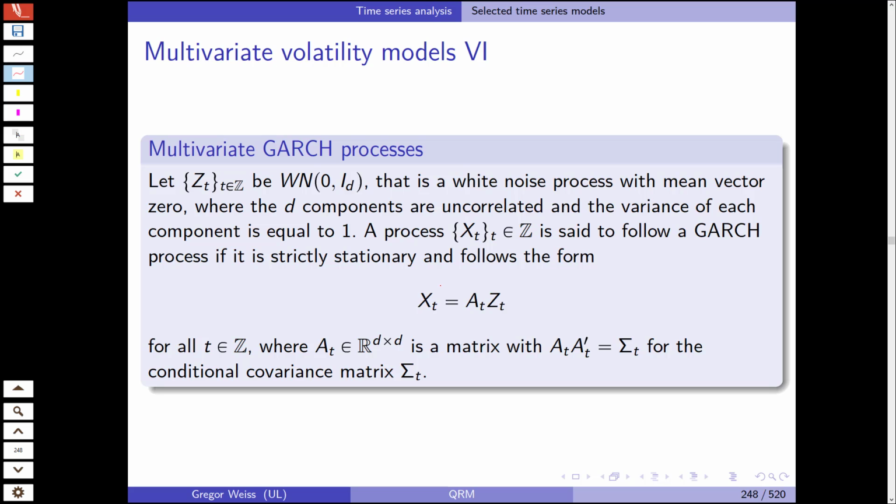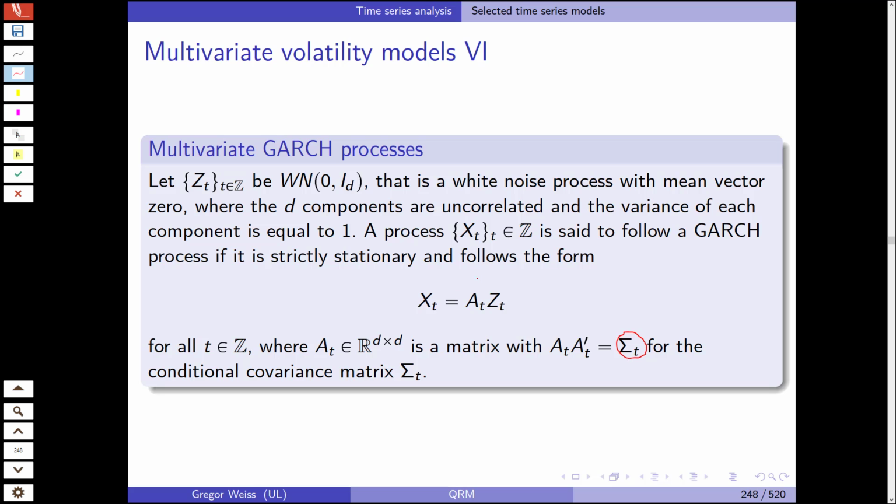We can then move on to a multivariate GARCH process. So let Z_t be a white noise process with zero mean, mean vector 0, and unit variance and covariances, where the d components are uncorrelated and the variance of each component is equal to 1. Then a process x_t is said to follow a GARCH process if it is strictly stationary and follows from x_t equals A_t times Z_t. Z_t again are the disturbances, and A_t times A_t transposed is equal to the variance covariance matrix.